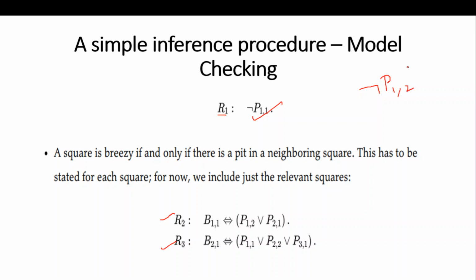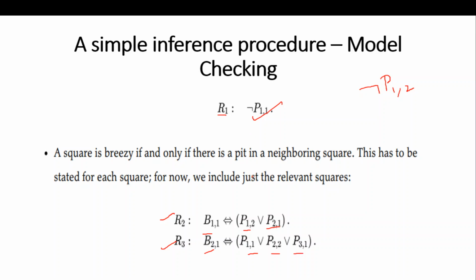Now we cannot directly take 1,2 because based on 1,2 only we are going to prove it, so we are not taking that. These are the rules relevant to that. With these rules, the symbols are B1,1, B2,1, P1,1, P1,2, P2,1, P2,2 and P3,1.